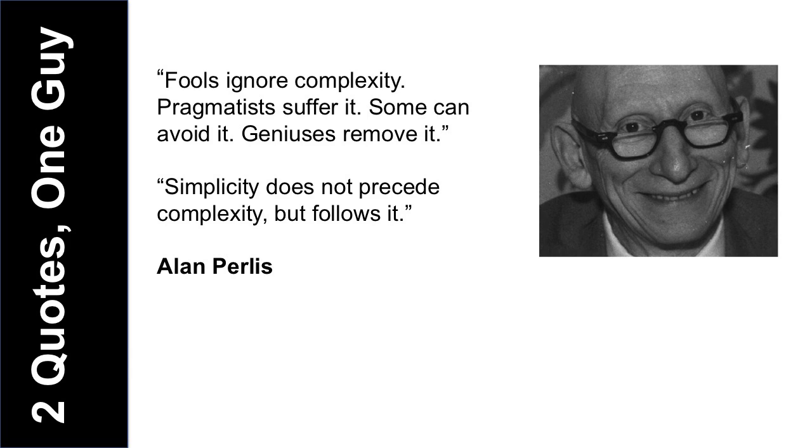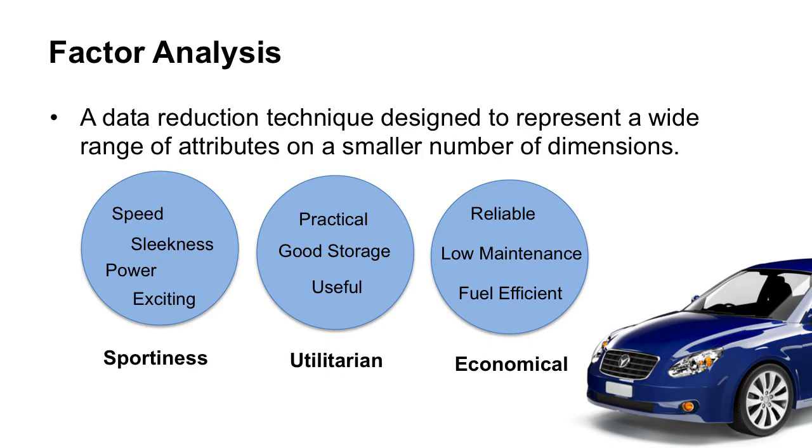The world can be really complex in terms of the number of different items that are out there, but in the mind of the consumer, it usually boils down to a limited number of dimensions. At its core, factor analysis is a data reduction technique designed to represent a wide range of attributes on a smaller number of dimensions.